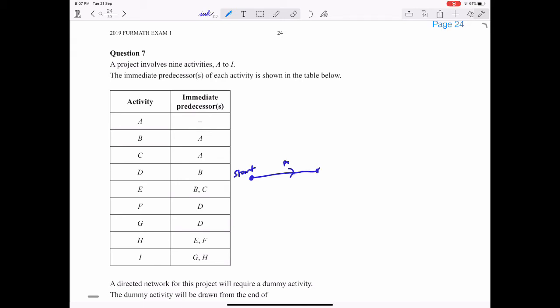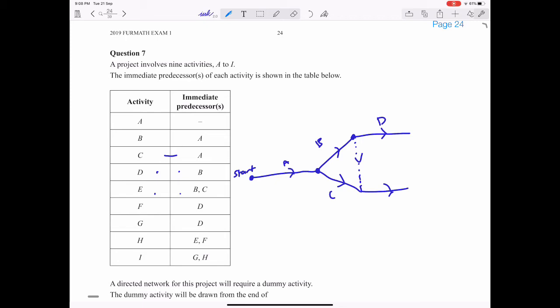And then B comes from A, so we'll just draw it like that. And we also know C comes from A, so C is coming from A. And D comes from B, and E comes from B and C. So if E comes from B and C, then that would mean we would need a dummy activity over here to connect to E. This is because we can't have 2 edges from one vertex going to another vertex.